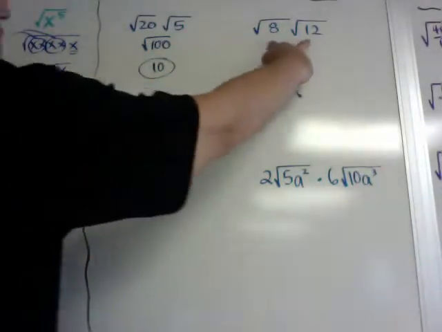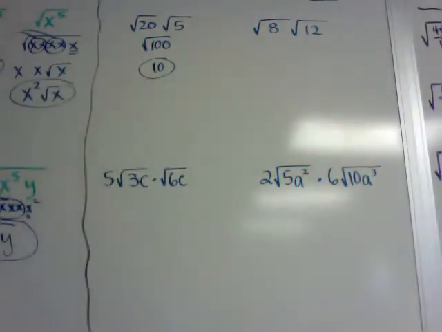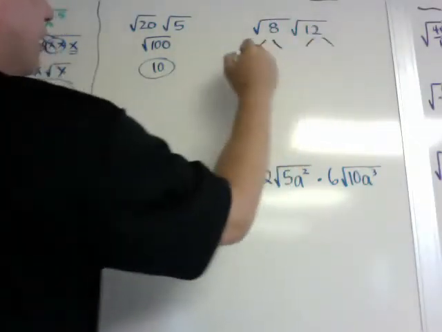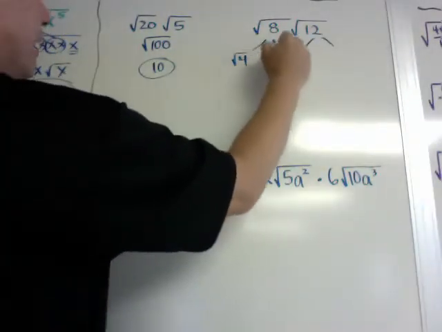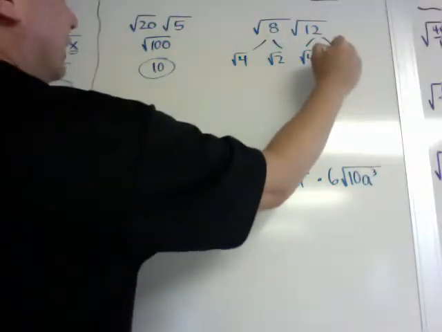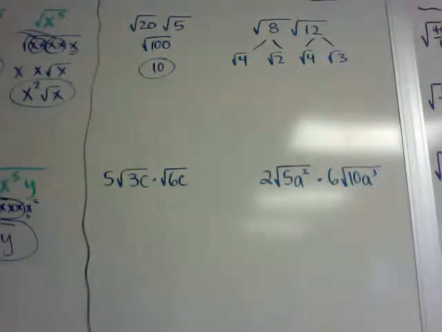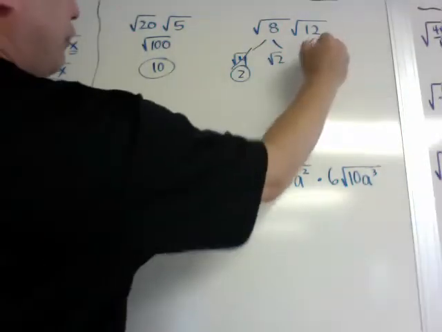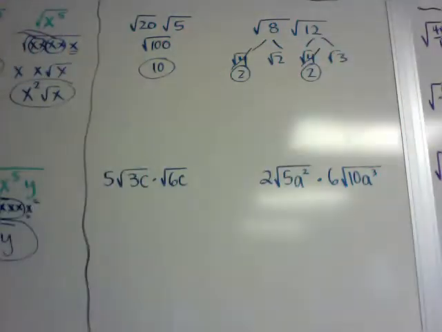In this case, I could combine it back again to 96, 8 times 12, and then break it down again, or I could just simply break it down some more and go radical 4 times radical 2, radical 4 times radical 3. I can see this just becomes a 2, and radical 4 is just a 2 again. These are prime numbers, so I cannot go down anymore.